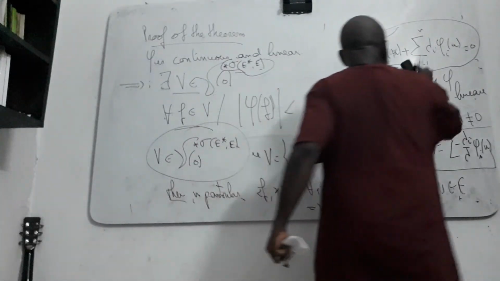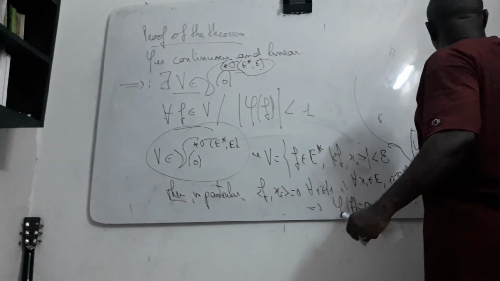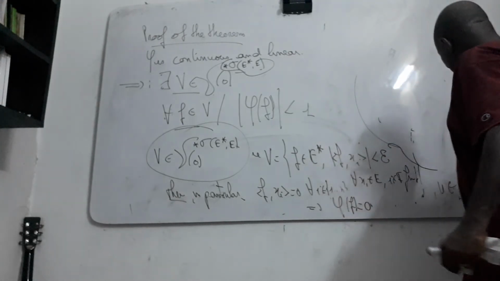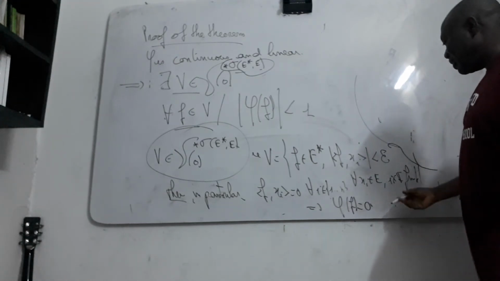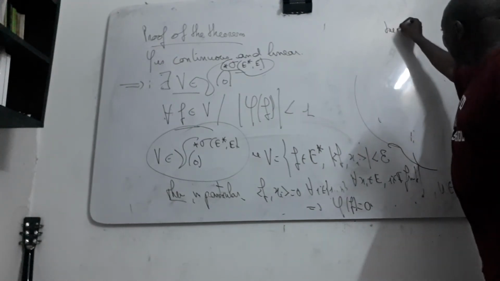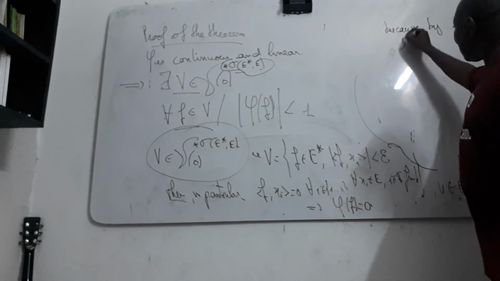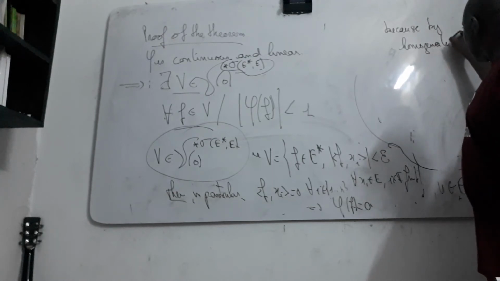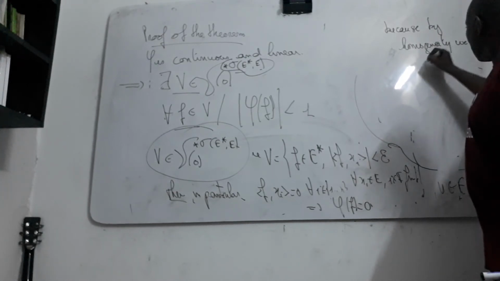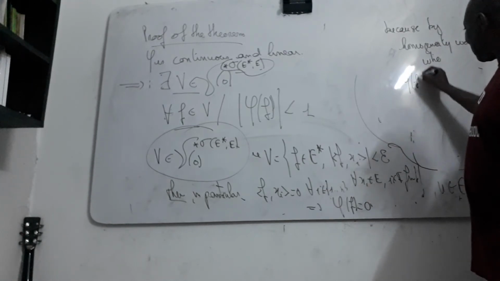Because you have this condition, and by homogeneity you have this condition, phi of f like this.